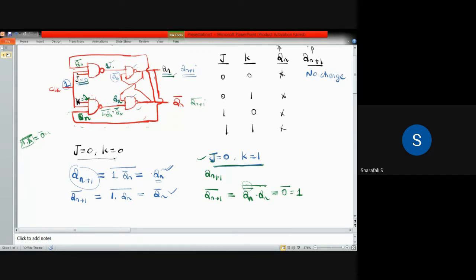And then that one is going through this NAND gate. The output which is coming from here is Qn bar. So 1 dot Qn bar whole bar is coming as the output of this NAND.